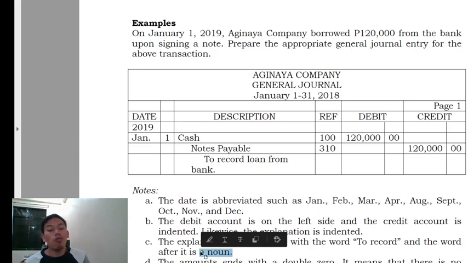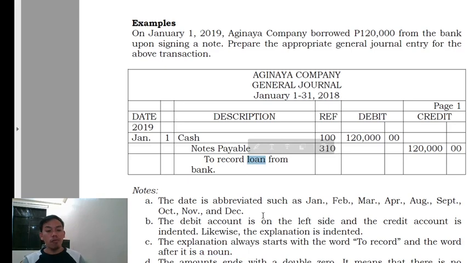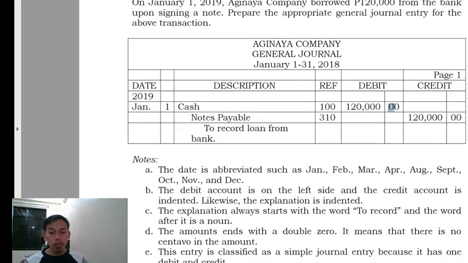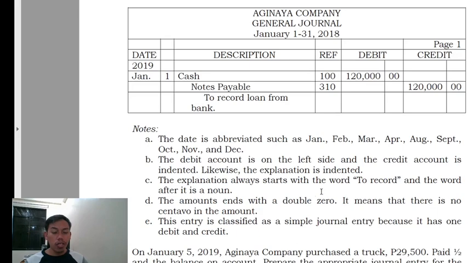So, noun, kapag may plural form siya. For example, loan is a noun. Loans, those are nouns. And the amount ends with a double zero. Ibig sabihin, wala tayong centavo amounts. And the entry is classified as a simple journal entry. Why? Because isa lang ang ating debit, isa lang din ang ating credit.